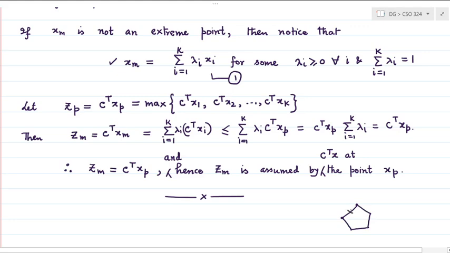Then any point in the line segment joining these two vertices is also an optimum solution of the problem. So if there exist two different solutions of an LPP, there are infinitely many solutions, right?